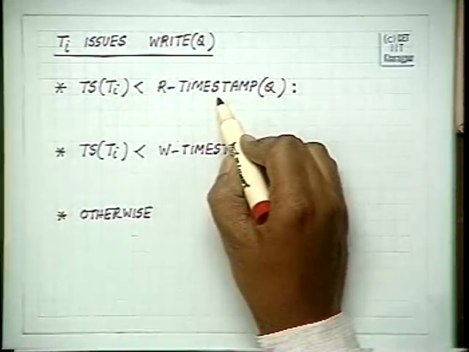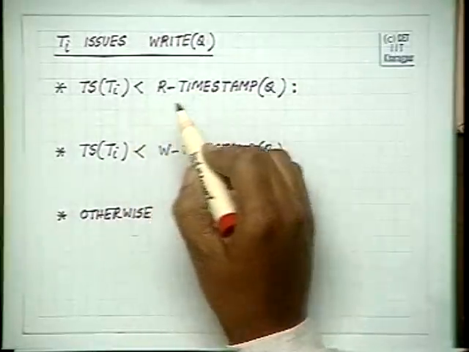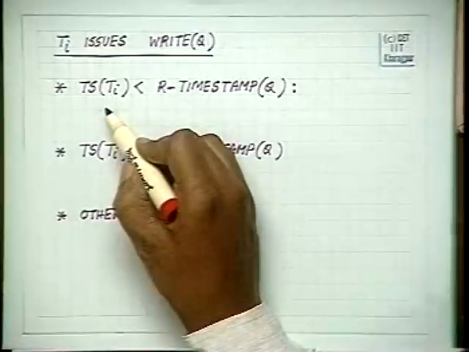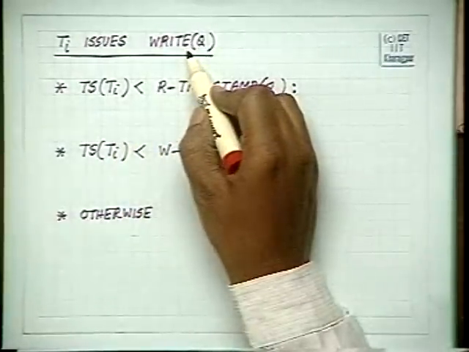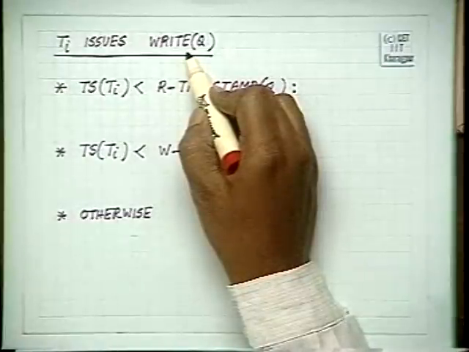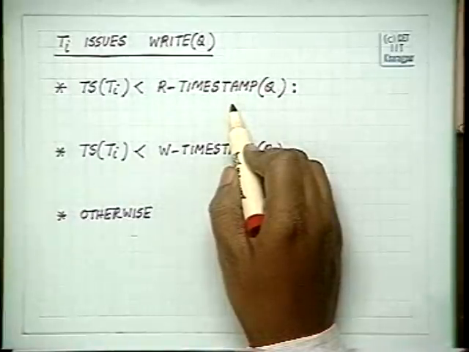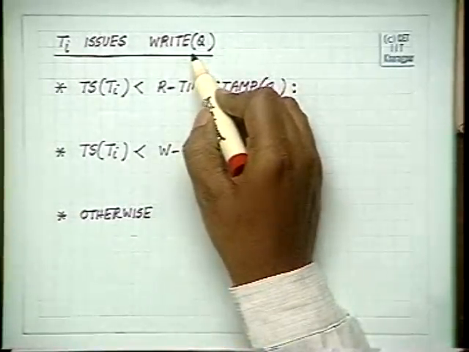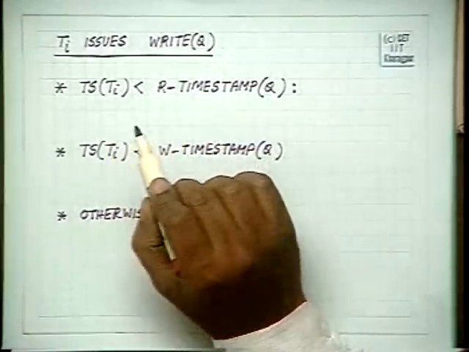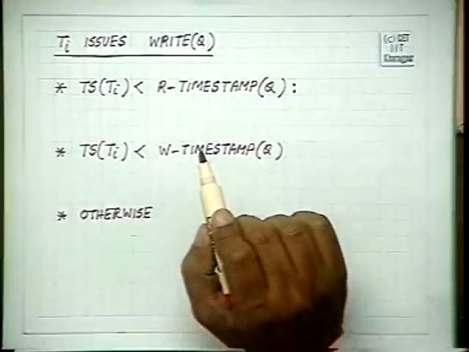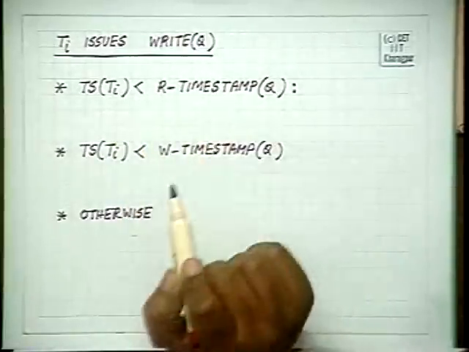If TJ has written Q, then we have TS(TJ) is greater than TS(TI). So TJ started after TI, and TJ has read the value of Q. After that, TI is writing the value of Q, which means that if we allow this writing to take place, then the schedule that we will get will never be conflict equivalent to the serial schedule of TI followed by TJ.